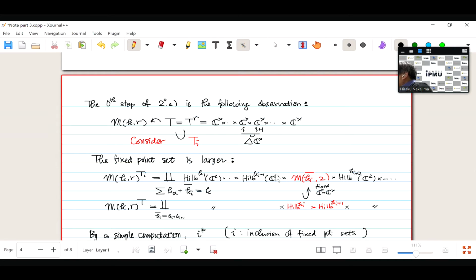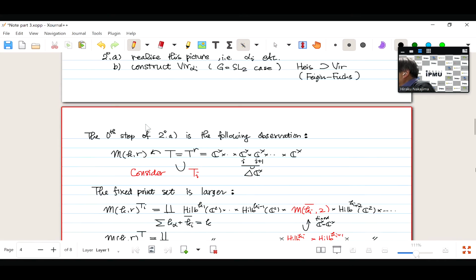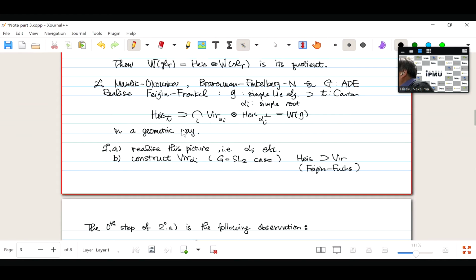And if you change various i, then this rank 2 factor moves around. So you expect that you can say something about MKR. Okay, so this is the 0th step for realizing this kind of realization of the chiral algebra inside the Heisenberg algebra.